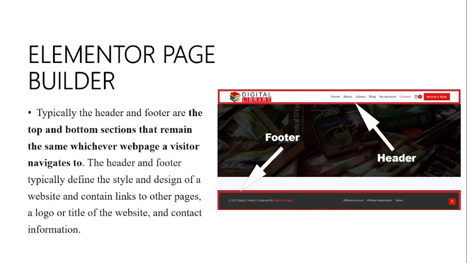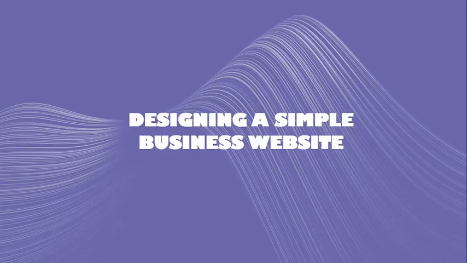Okay, and that is the header and the footer. Now we will look at more about headers and footers when we are designing a simple business page. So let's go to designing a simple business website, and then we talk more about header and footer, and we will also go through how to create a header and how to create a footer.